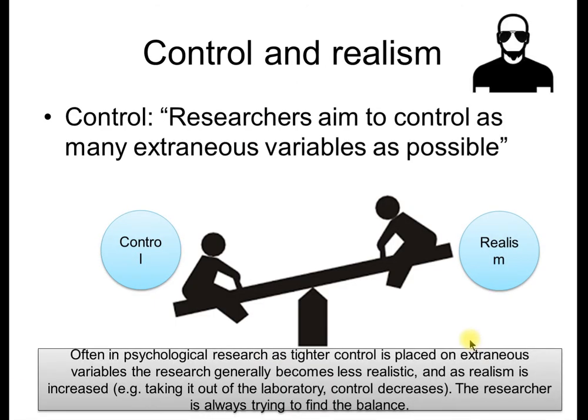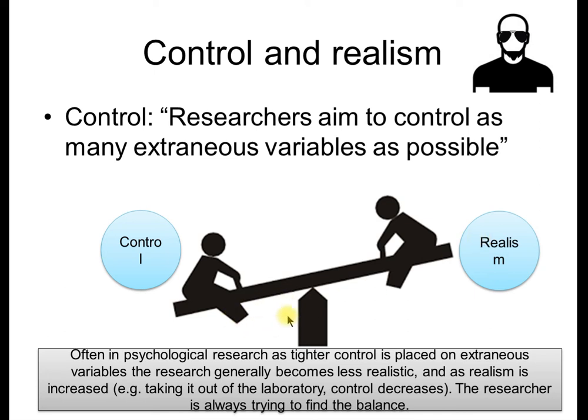Control and realism. Something to remember about internal validity and laboratory experiments, in a broader context compared to other types of method, is we're always weighing up control and realism. As you tighten up on the control, you tend to loosen up on the realism, and vice versa.